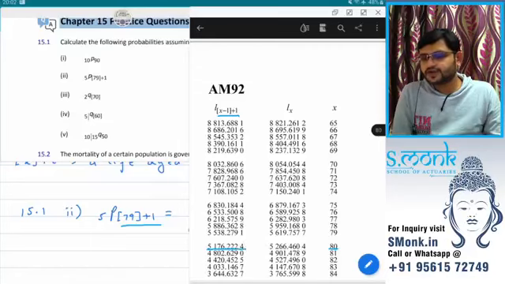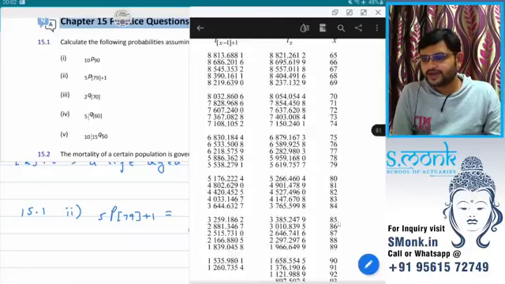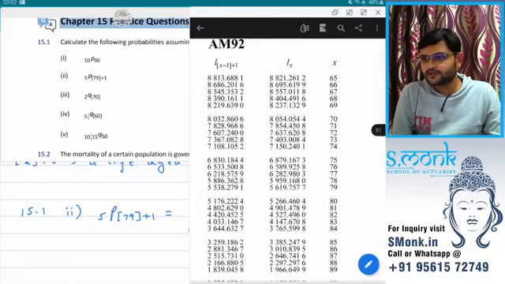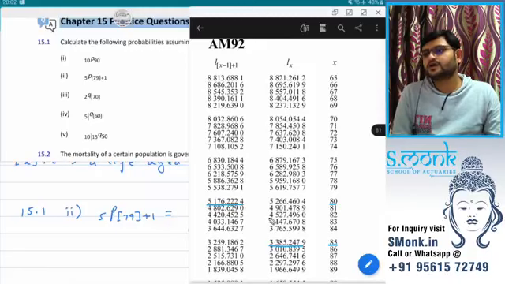And of course for ultimate, that is 85, we will be taking the ultimate value, that is this, and for 80 we will be taking this value, select X plus 1.